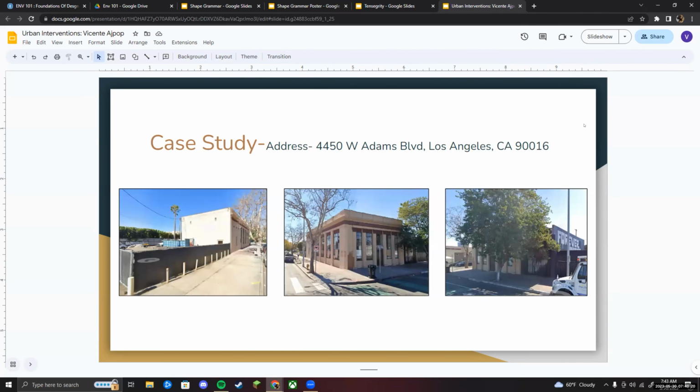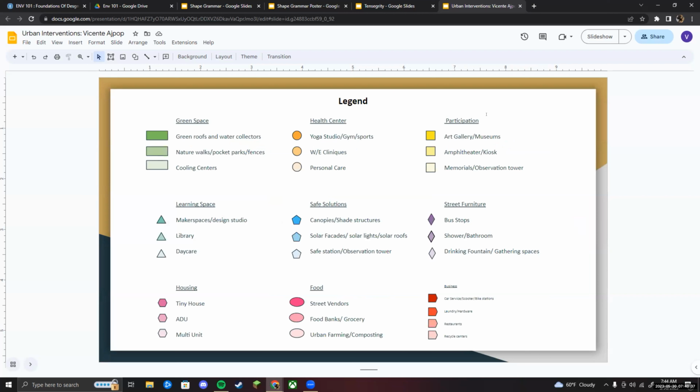The case study we had was at 4450 West Adams Boulevard, Los Angeles, California, 90016. This is a picture of the address. It's going to be the new headquarters for AIA, I believe. This is a legend for the 27 interventions that we had to research and put on our map.